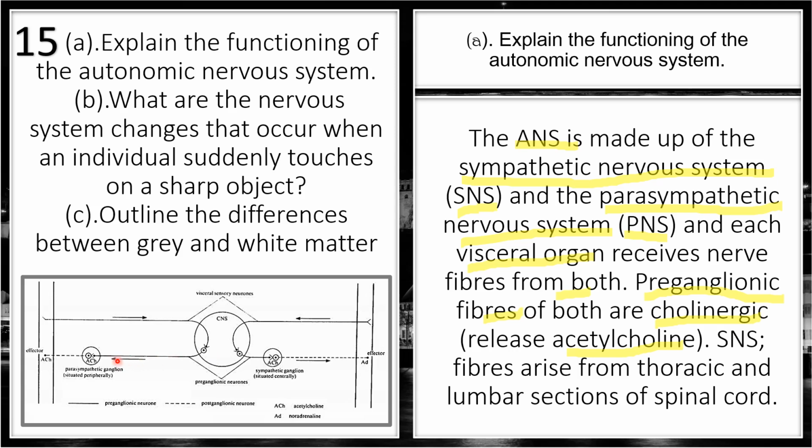Now, when this neuron reaches the ganglion, there is going to be formation of a synapse going to another neuron, going to the effector, even here in the ganglion. And at the synaptic cleft there is a release of a transmitter substance. And that transmitter substance released there in both of them is acetylcholine.